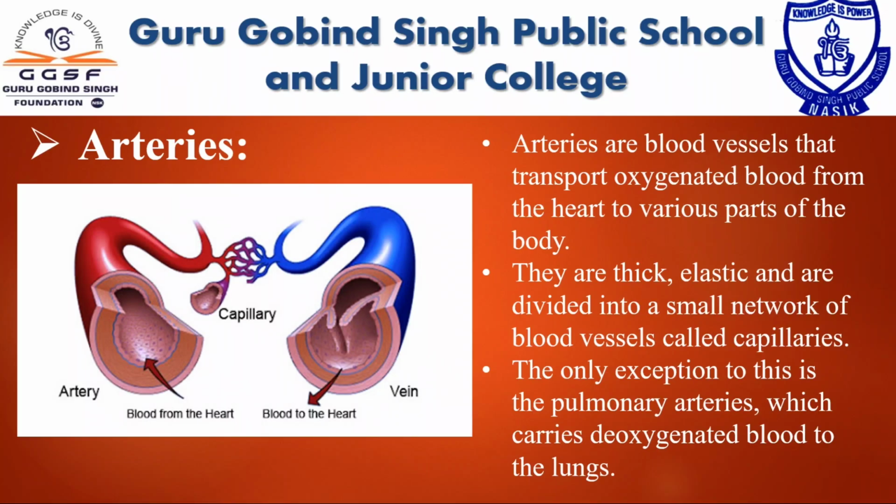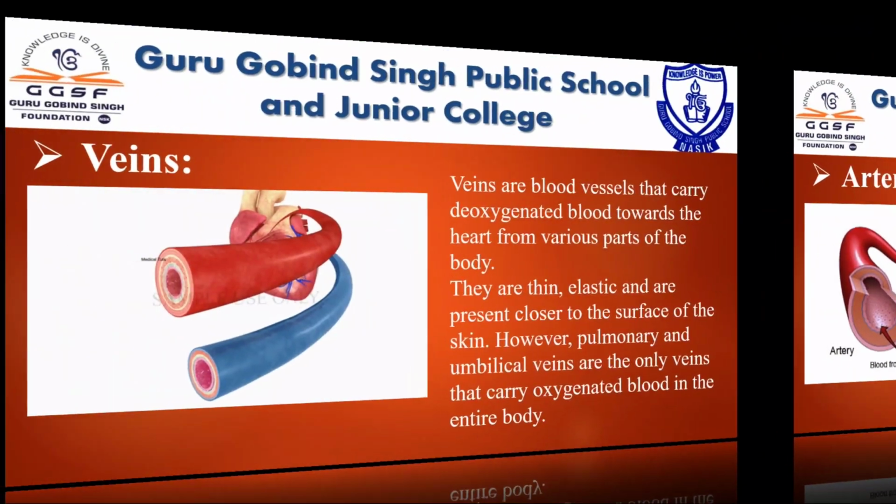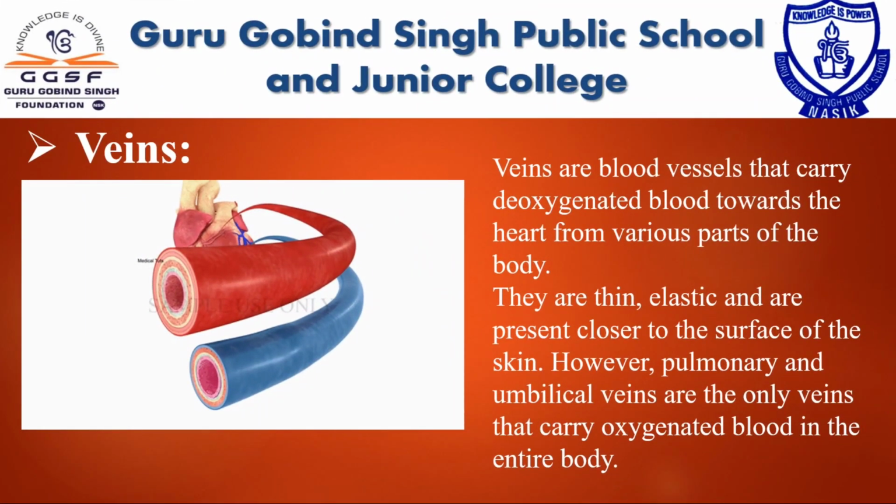They are thick, elastic, and are divided into a small network of blood vessels called capillaries. The only exception to this is the pulmonary arteries, which carry deoxygenated blood to the lungs. Next is veins.